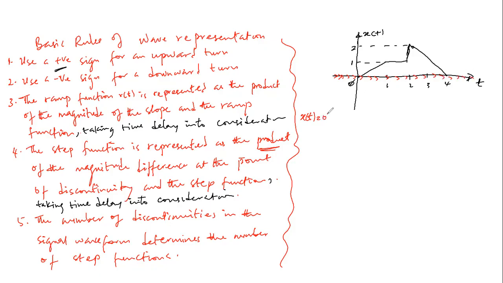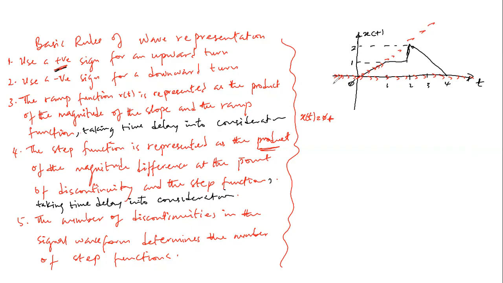So that is 0, right? Then at t equal to 0, we go upward. So there's an upward trace. So it says positive, right? For an upward turn, we choose positive sign. And this keeps going all the way. Okay, nothing is stopping it.